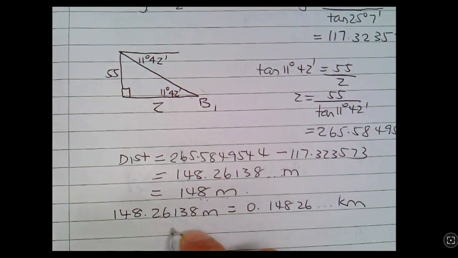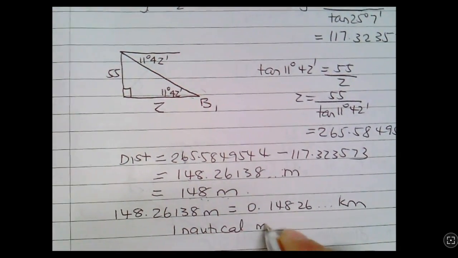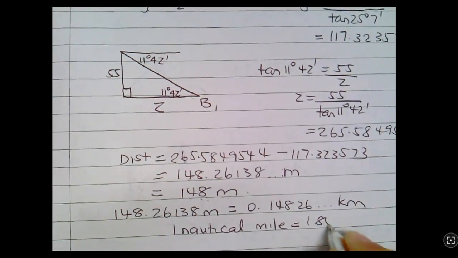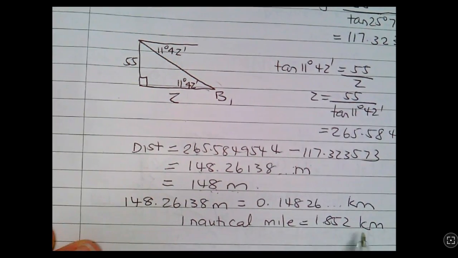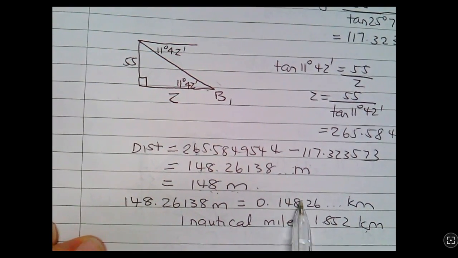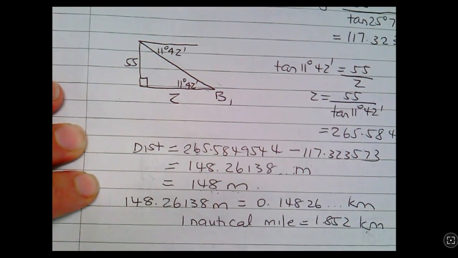Now, because 1 nautical mile equals 1.852 kilometres, therefore, to convert from kilometres to nautical miles, we need to divide this quantity by 1.852 to get it into nautical miles.